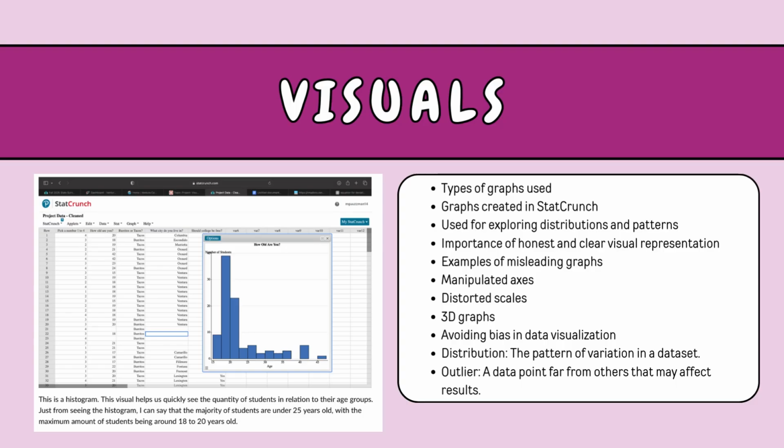When we're looking at the histogram, we can see that the majority of data, those really tall bars, are more towards the right. So we can see that the majority of students are under 25, with the most students being 18 to 20 years old. A histogram is also a really great way to see the quantities of the different variables that we have.